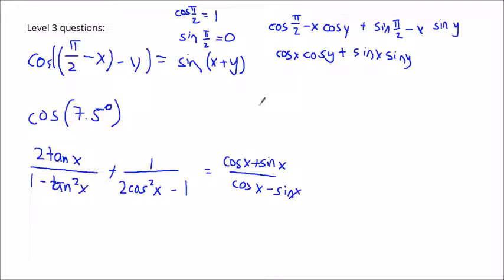Pi over 2 minus x. That's cosine pi over 2 cosine minus x, sine pi over 2. Wait, let me see my identities.